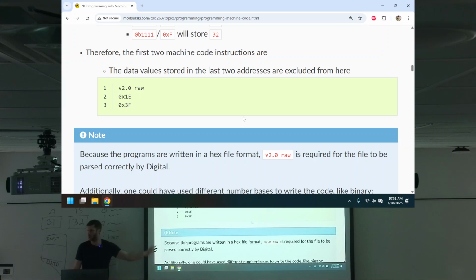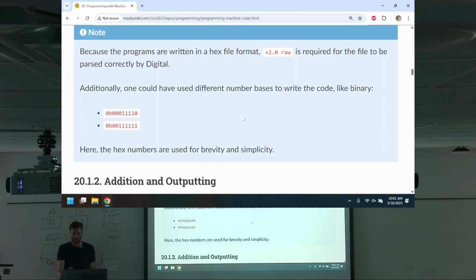So these are the 2 instructions. The data's missing, but they would be down here, let's say. Because the program's in hex format, we need that, and also I could have put them in binary. Here, the hex numbers are used for brevity and simplicity, right? Maybe you like this better.